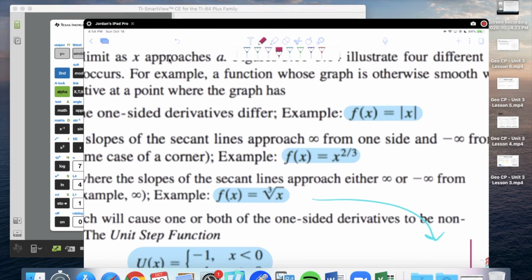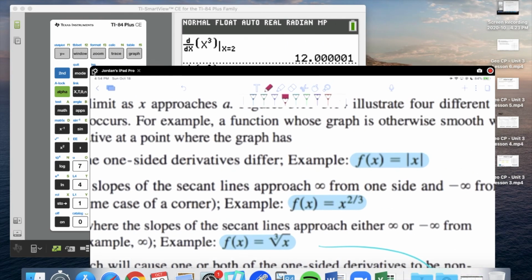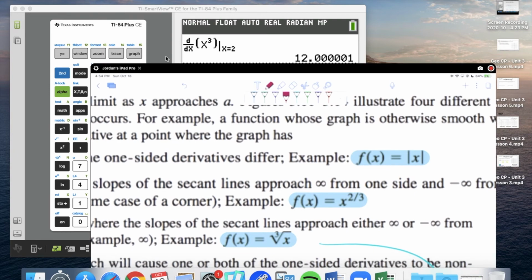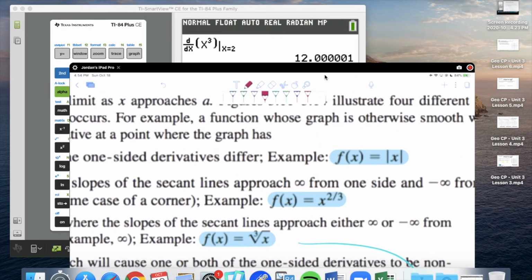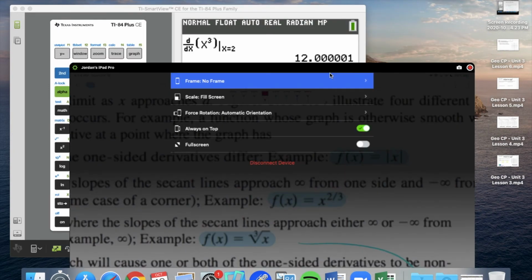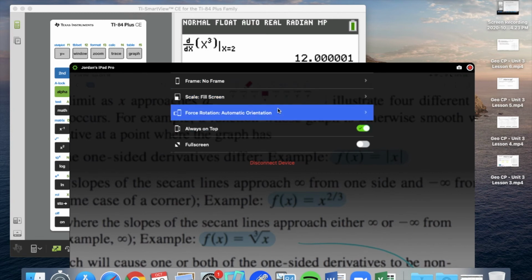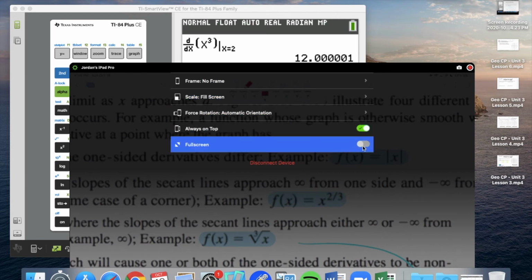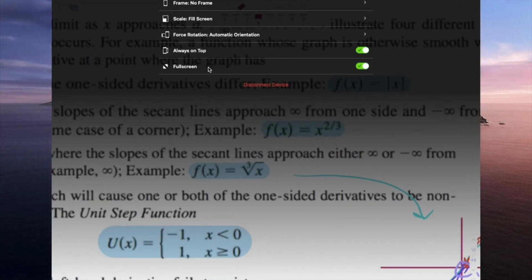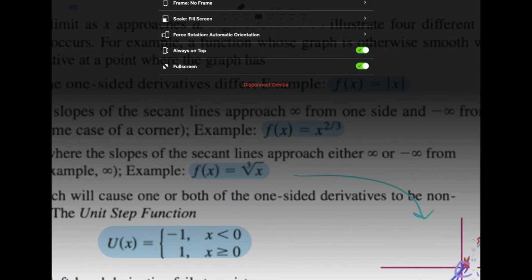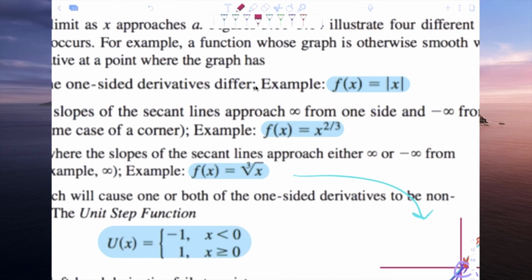So why this is not adjusting the way I want it to. Uh-oh, I froze this. I want out.